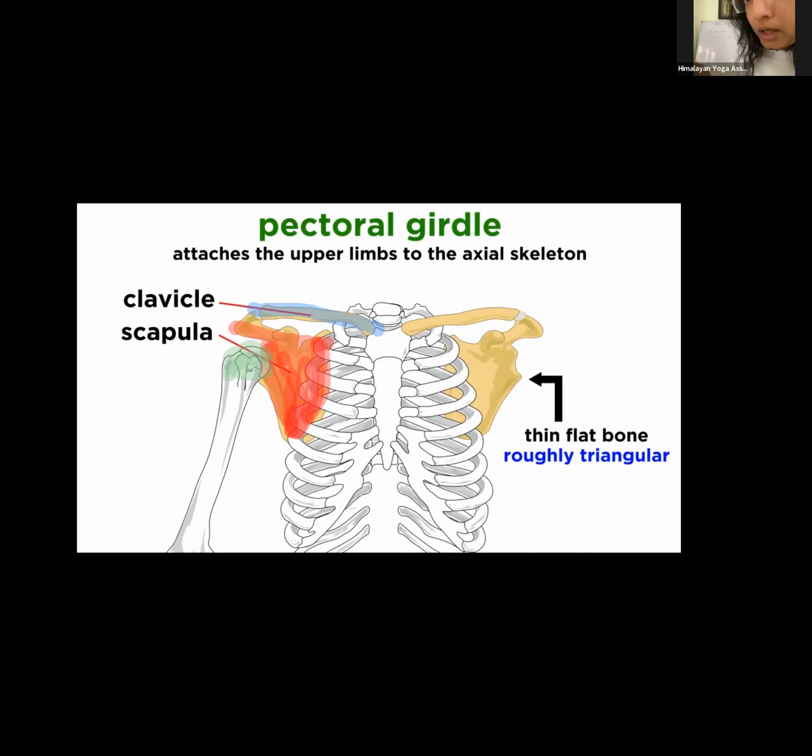It is formed near the clavicle and the scapula. This blue is the clavicle, then red is the scapula, and this green part is the ball and socket joint of the shoulder.